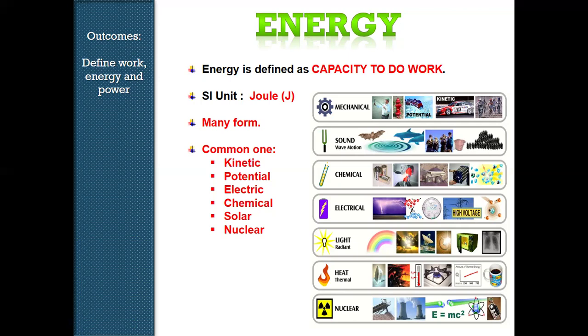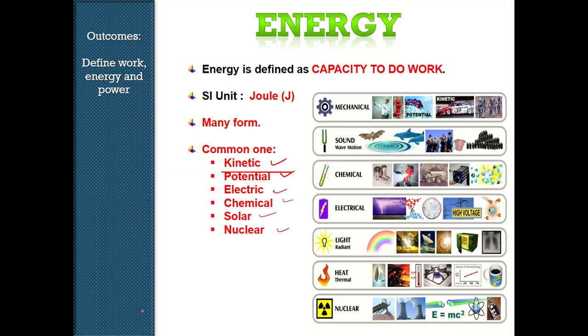One of the most common examples of energy that we know of is kinetic energy, and we have potential energy. Under potential energy, we can also have gravitational potential energy. We have electrical energy, chemical energy, solar energy, and nuclear energy.